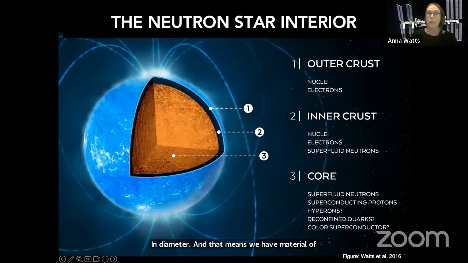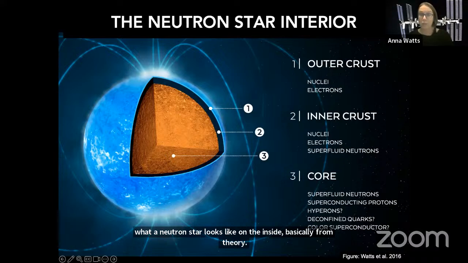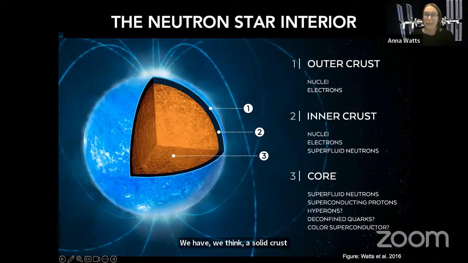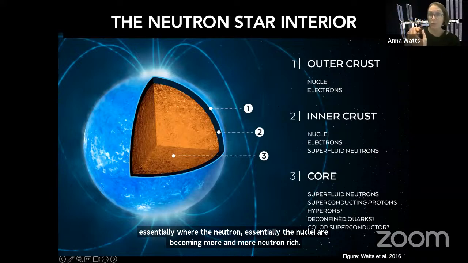What you're seeing here is our basic idea of what a neutron star looks like on the inside, basically from theory. We think there is a solid crust on the neutron star, and that will be a lattice of ions. Those ions will get progressively more and more neutron-rich as you go deeper into the crust. At some point, as you get more and more dense, neutrons will start to drip out of the crustal nuclei.